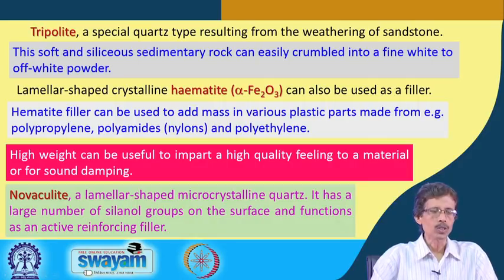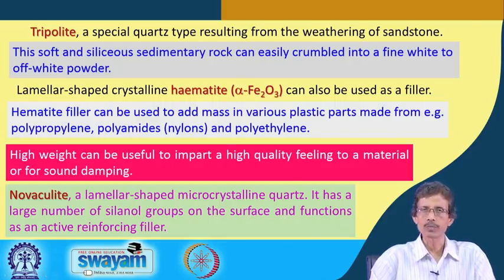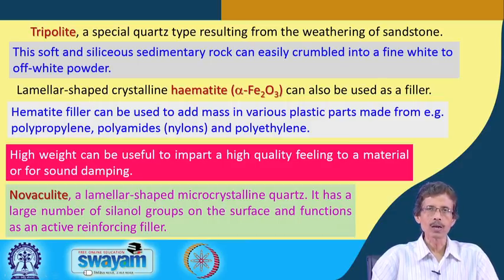Then the last one is novaculite, like your tripolite. It also has the same lamellar type of structure, and it is a quartz variety which is microcrystalline in nature. And it also has some extra silanol groups, so Si-OH groups are there at the surface and it functions as a very active reinforcing filler material, since you have silanol groups, and those silanol groups have some advantages, particularly in wetting behavior and other things.